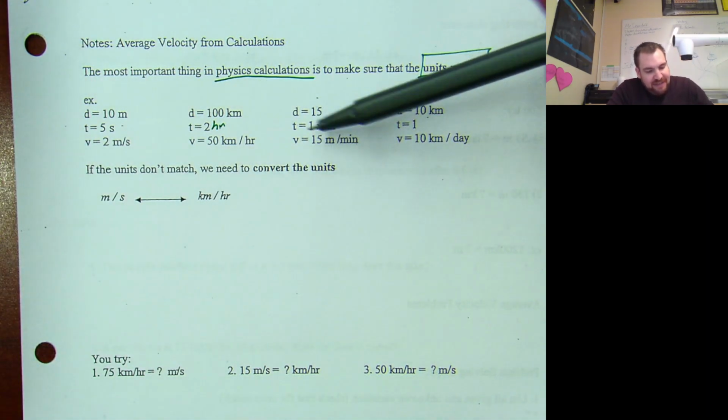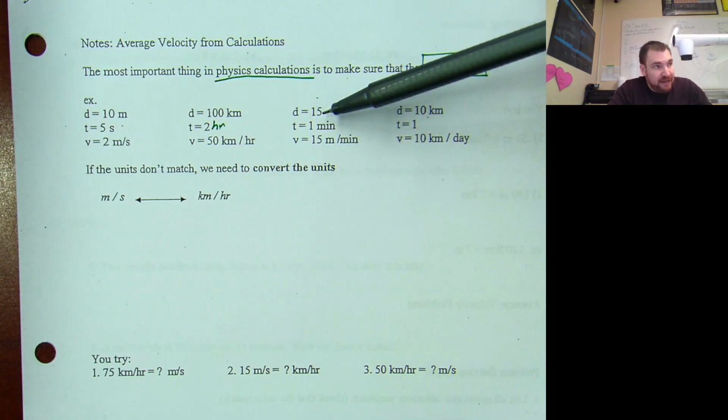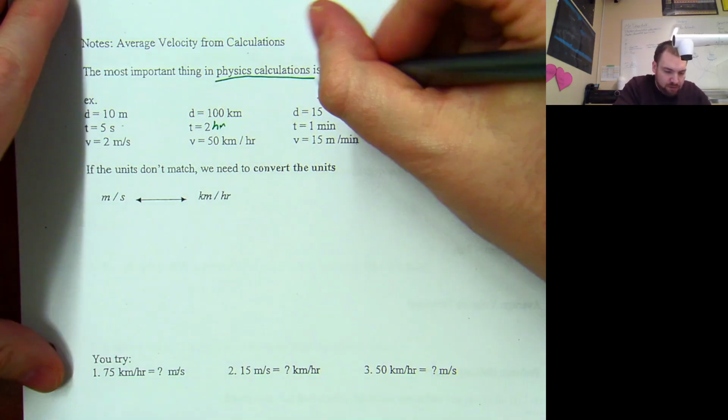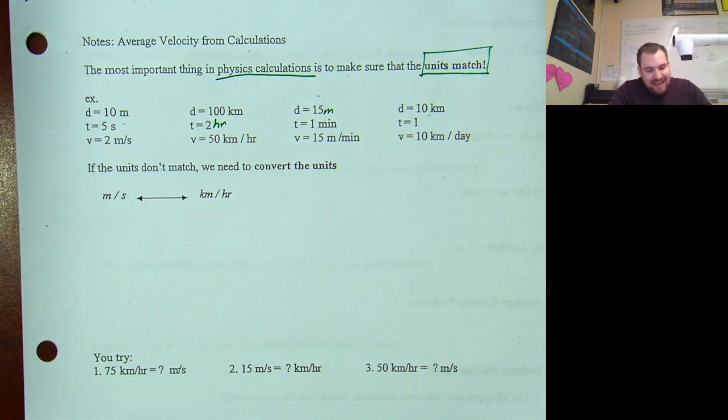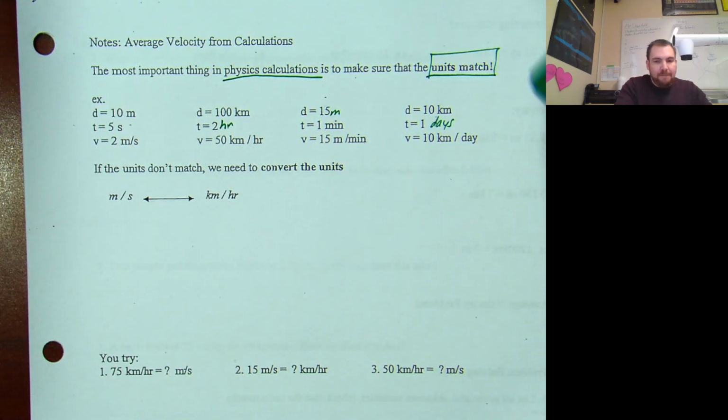If my velocity is in meters per minute, then my time is in minutes and my distance needs to be given in meters. And if I've got kilometers per day, time should be measured in days. So we just got to make sure that we're consistent with our units. And then life goes well.